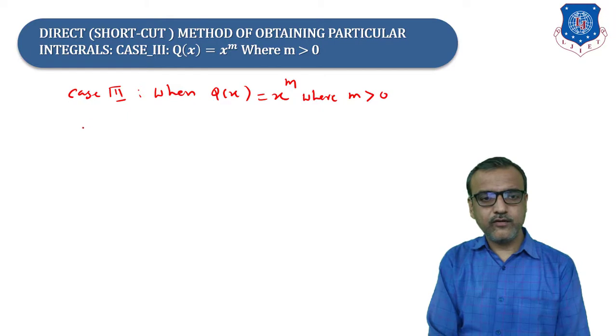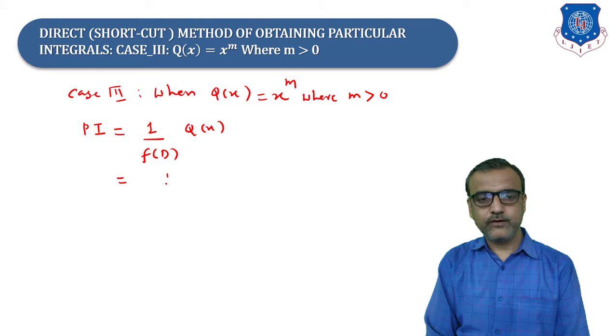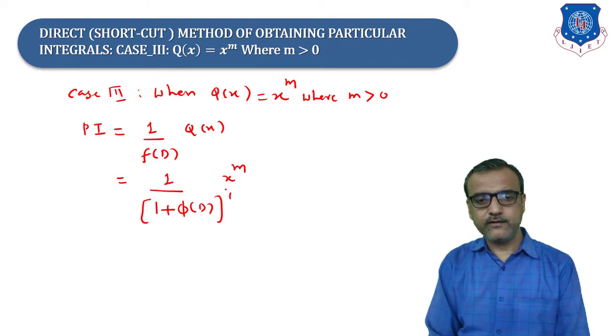Now, as all of you know, the formula of PI is 1 upon f of D, Q of x. So in case number 3, we will make 1 plus phi of D from this f of D. So we will write 1 plus phi of D the whole raised to 1, and we will replace Q of x by x raised to m.